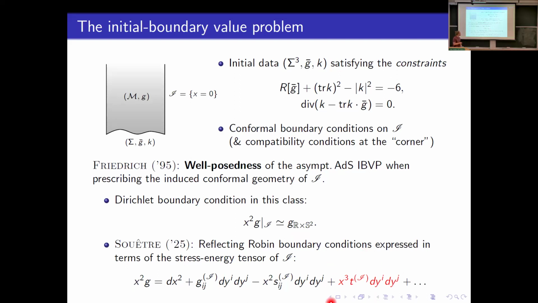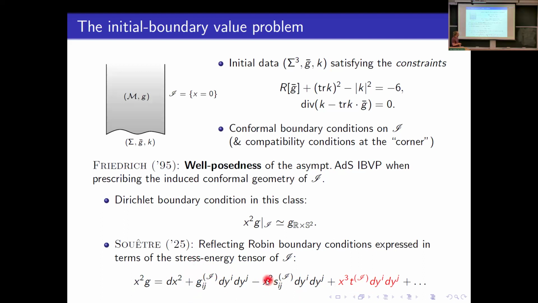So what did he prescribe? If one were to expand the asymptotically AdS metric near the boundary, at x equals 0, using a Fefferman-Graham gauge, this is the Taylor expansion of the metric near x equals 0 in that gauge. Prescribing the conformal class of the metric is essentially like prescribing this metric tensor here.